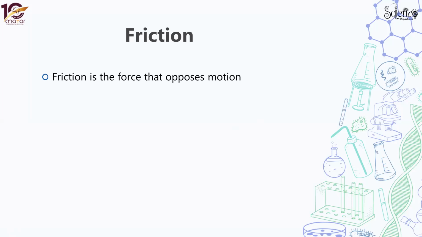Opposes motion means that it's in the opposite direction of the motion. Friction is always in the opposite direction of the motion. That's why friction slows down the object or stops the object, okay? So whenever we have friction acting on an object, this friction may slow down the object or stop the moving object.